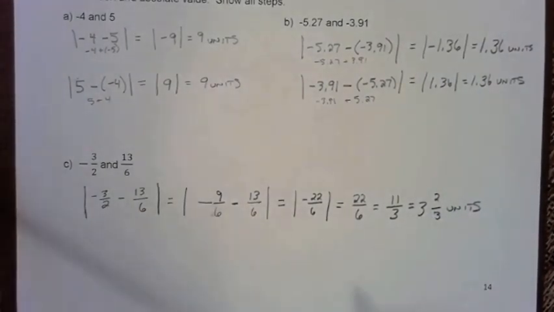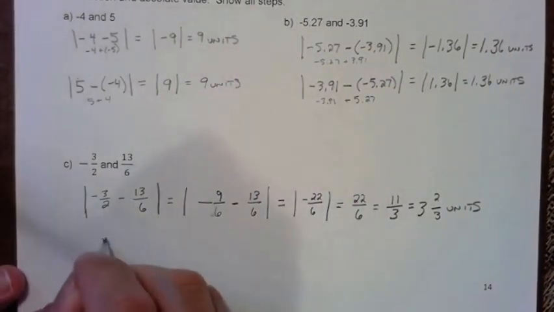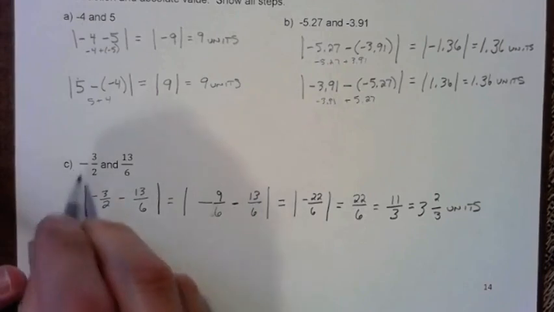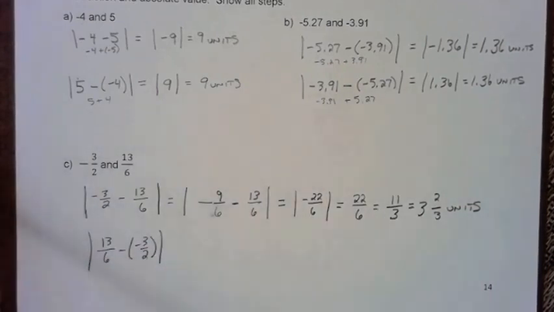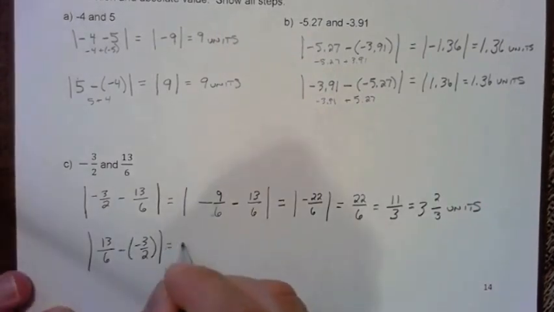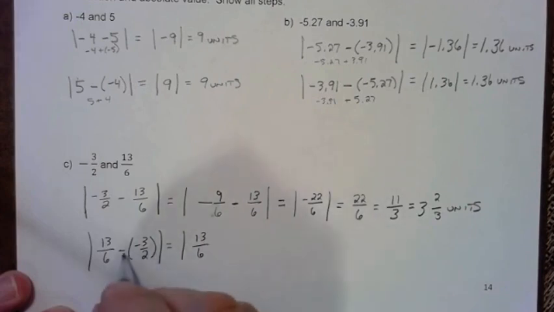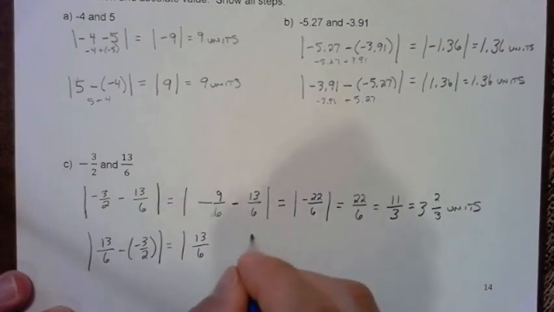I could have set it up the other way, 13 sixths minus -3 halves, again in absolute value bars. Get those common denominators. I can keep 13 sixths, all right? But again, -3 halves is the same as -9 sixths, which I am subtracting there.